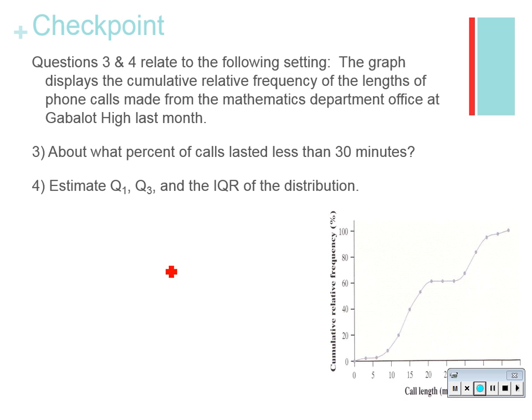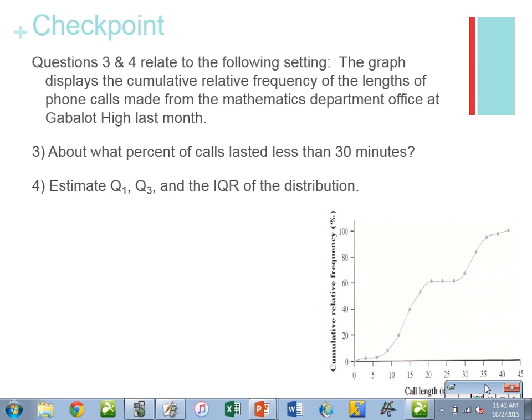Question number 3 was a question about an ogive. It says the graph displays the cumulative relative frequency of the lengths of phone calls made from the mathematics department office at Gabalot High last month. About what percent of calls lasted less than 30 minutes?